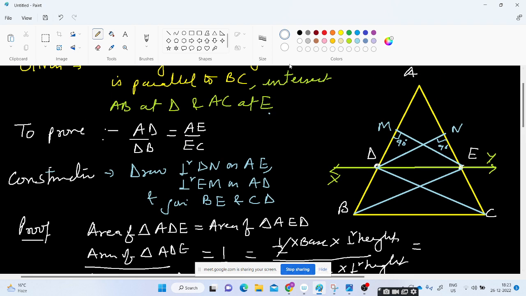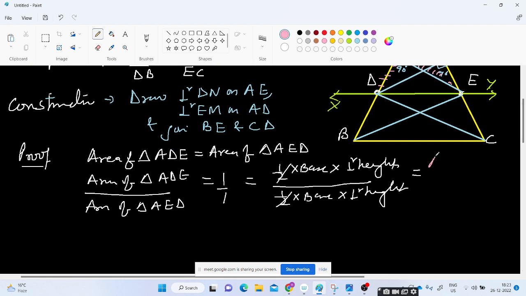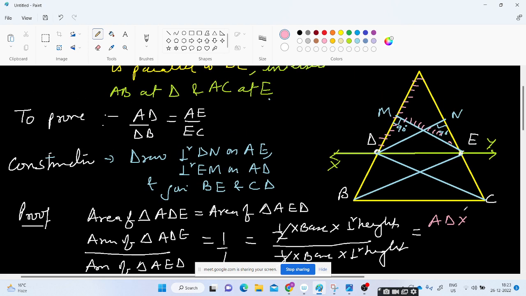So what is the base in this triangle? You can see the base is AD and the perpendicular height is ME.